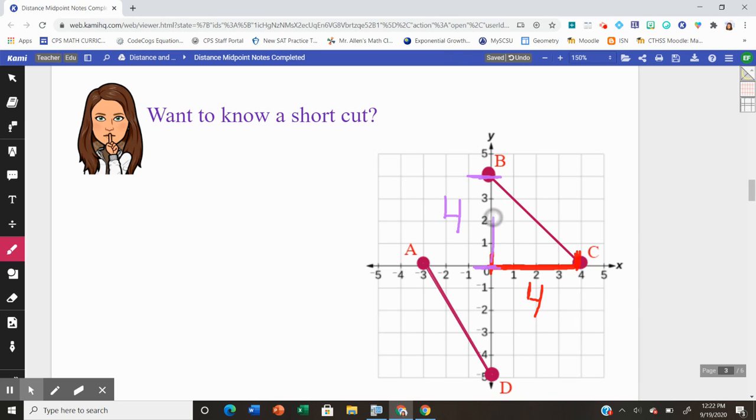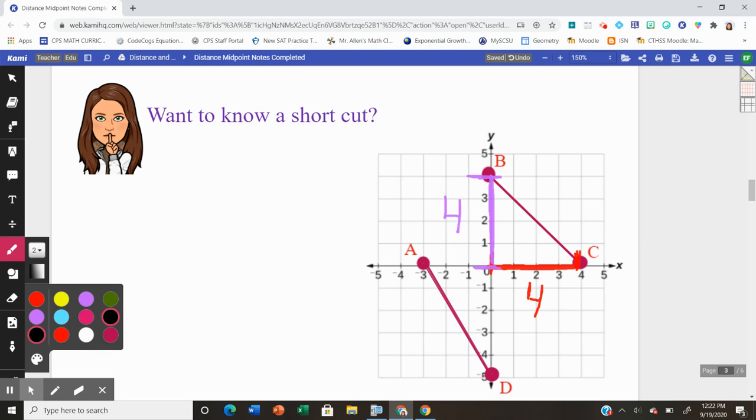So don't you remember the name of some formula? If you notice the triangle that I just formed, if you know the length of 2 sides of a right triangle, what formula helps you to figure out the length of the third side? If anybody was able to come up with Pythagorean theorem, very, very proud of you.